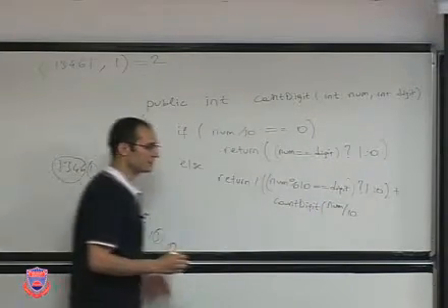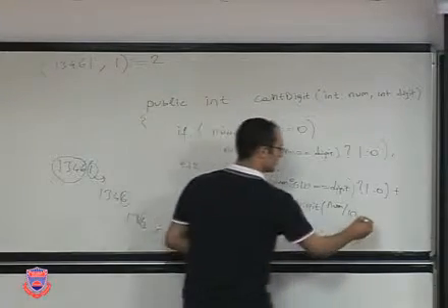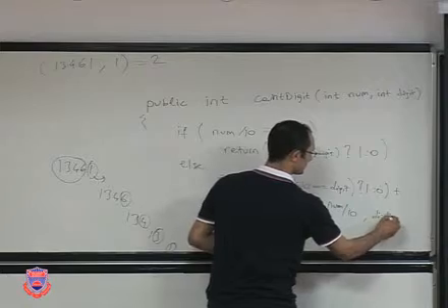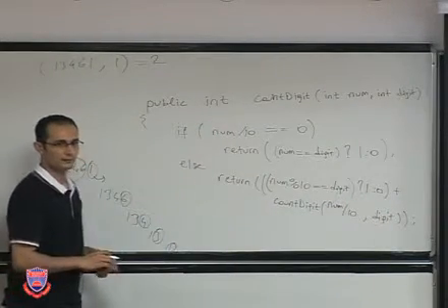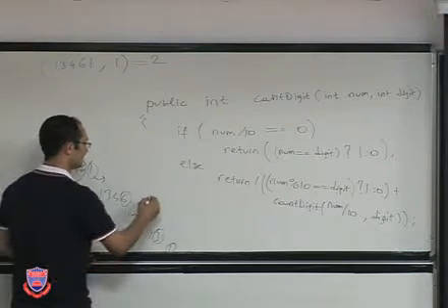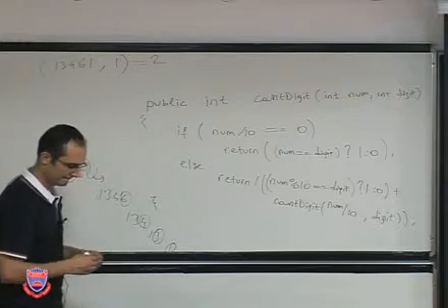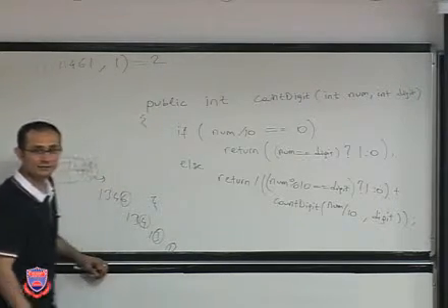So you get this number, 1348. And then you'll pass the argument as before, digit. Okay? Any question?